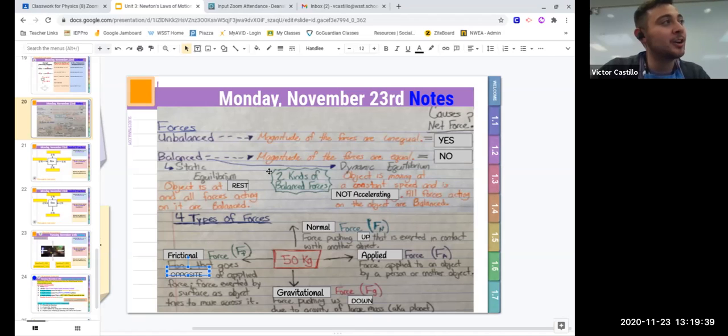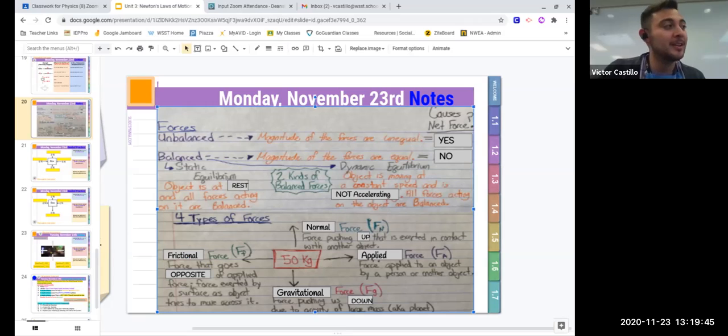So if I kick the soccer ball, eventually that soccer ball will stop because of the friction force trying to oppose it. Now, if there was no frictional force, if I threw a baseball or kicked a soccer ball, that ball would go on forever. It will never stop because there's no force opposing it. So normal force and gravitational force oppose each other. Frictional force and applied force oppose each other as well. Okay.